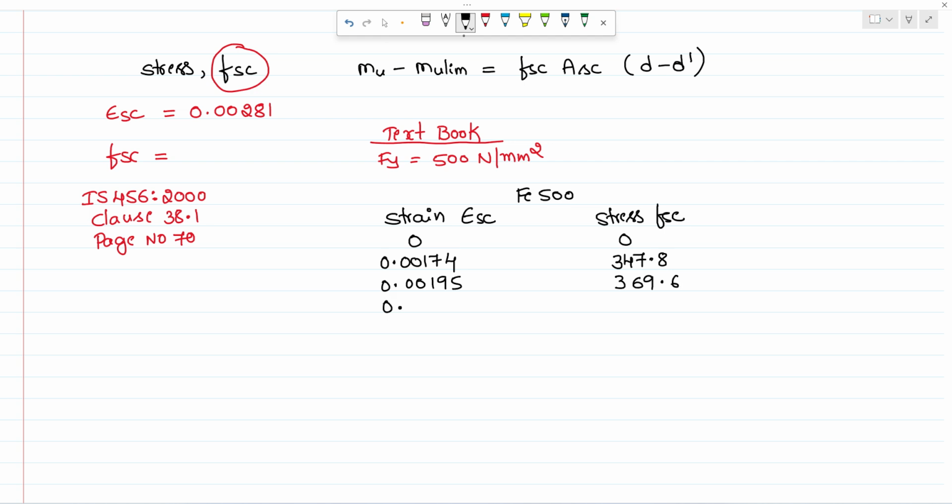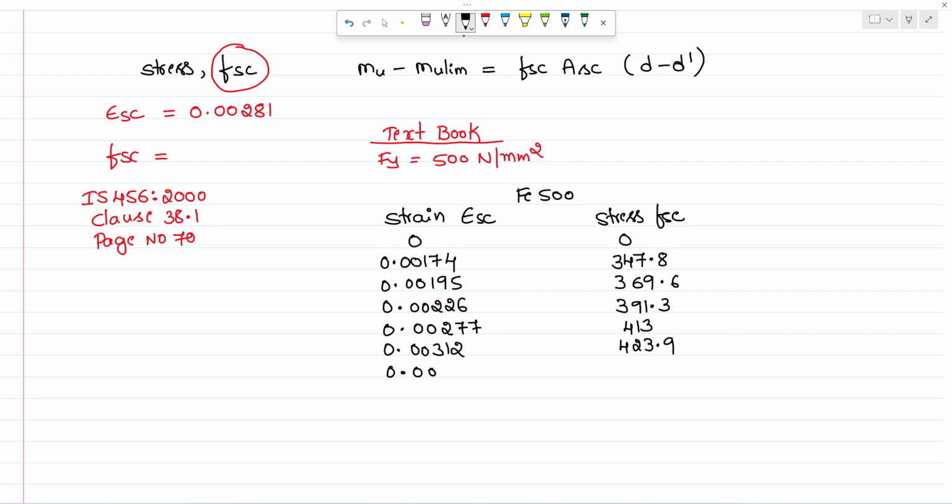When strain is 0.00226, it is 391.3. For 0.00277, stress is 413. For 0.00312, it is 423.9.